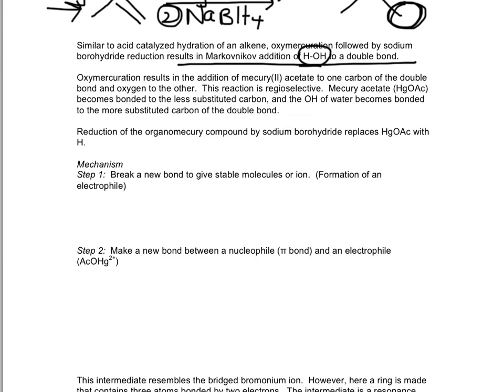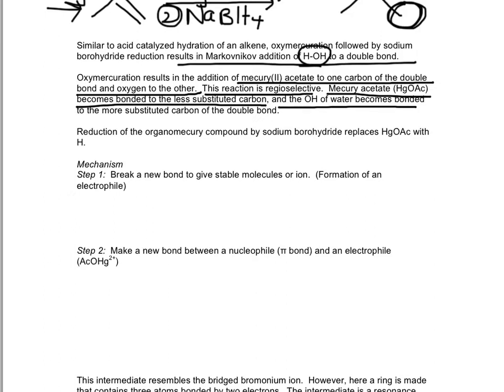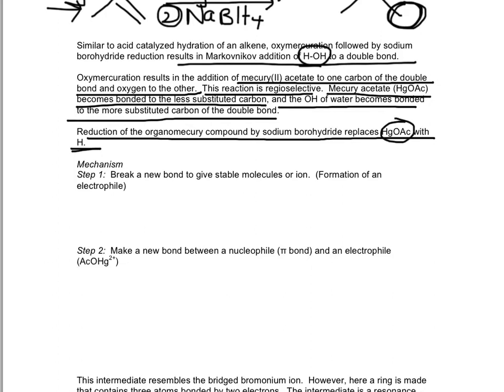When we do the first step, the mercury 2 acetate will add to one carbon of the double bond, and the oxygen of water adds to the other. This reaction is regioselective. The mercury acetate is going to become bonded to the less substituted carbon, and the OH of water becomes bonded to the more substituted carbon. We're then going to reduce the organomercury using sodium borohydride, and it will replace the mercury acetate with hydrogen.